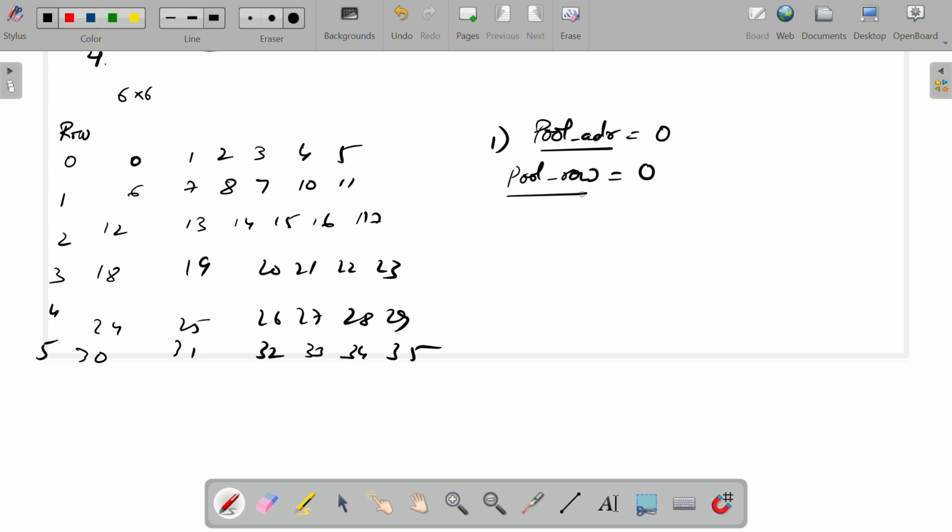The moment you assert the reset, your pool address will be initialized to 0, your pool row will be initialized to 0, and what will be my first set of pixels for which I'm doing my pooling? The first set of pixels will be the 0th pixel, the first pixel, the 6th pixel and the 7th pixel. The 0, 1, 2, 3, 4 are basically the pool address, the image pixel address here.